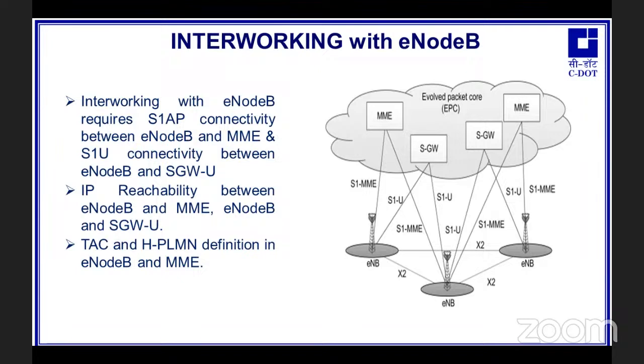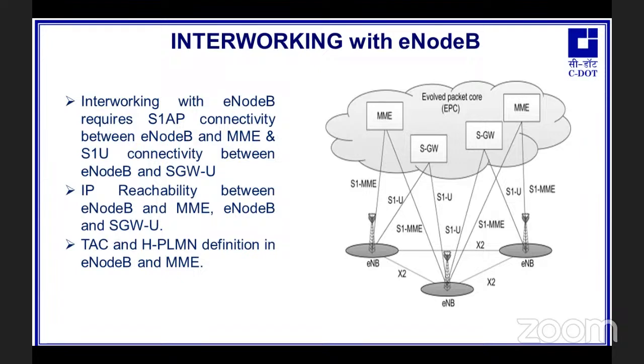So MME is connected with the eNodeB for signaling, and as our SGW, we are using the CUPS-based architecture. So there is segregated user plane and control plane. So basically, the eNodeB data part will be connected to the SGW data plane.